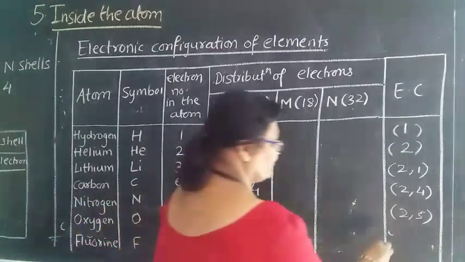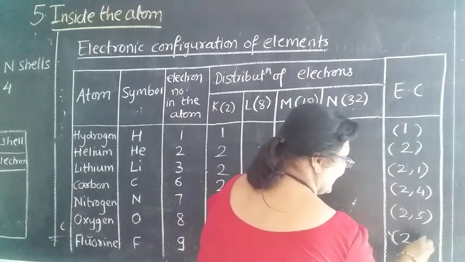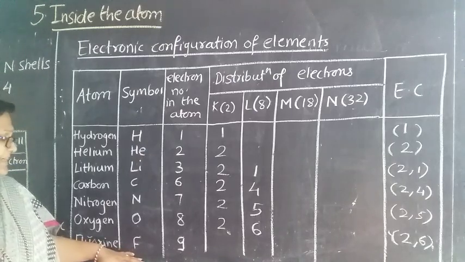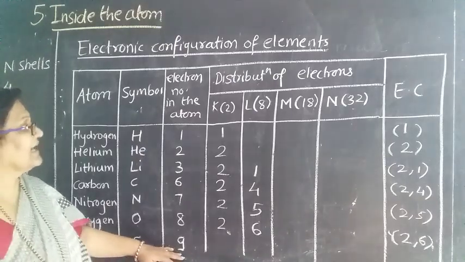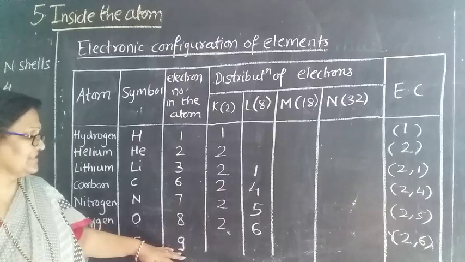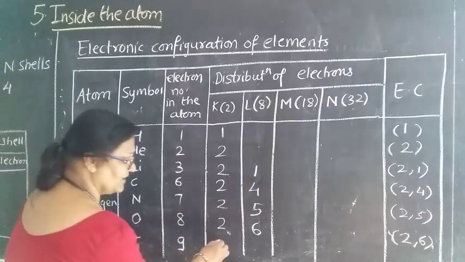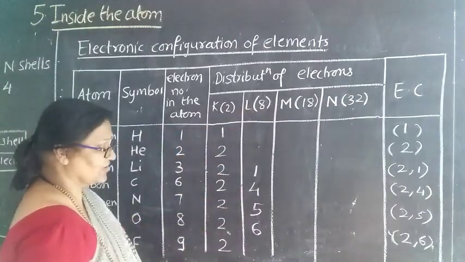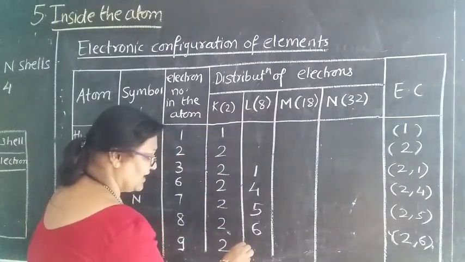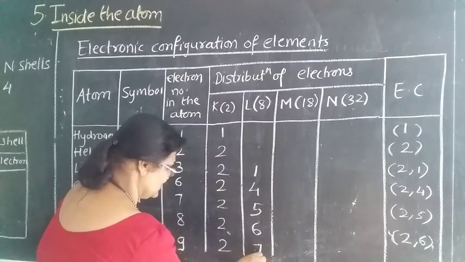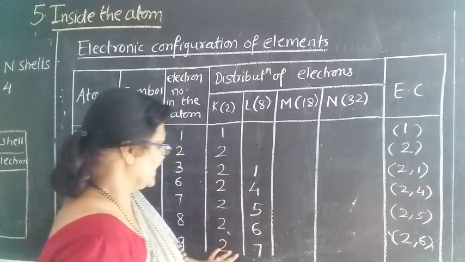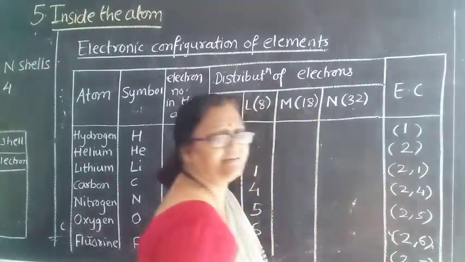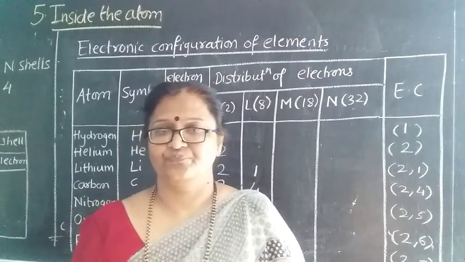Therefore the electronic configuration will be 2, 6. Next comes fluorine, symbol F, with 9 electrons. Here 2 in K, and the L shell can hold 8, so we fill 7 electrons. 2, 7 will be the electronic configuration.